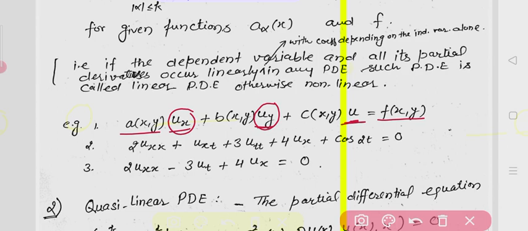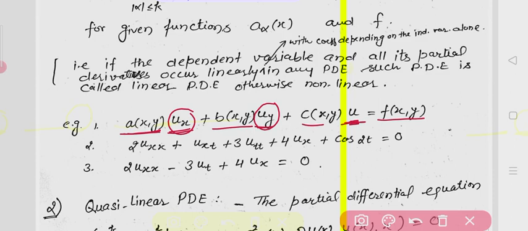And their coefficients are either constants or functions of the independent variables. The coefficient of u_x you can see here is a(x,y), and the coefficient of u_y is a function of x,y, where x and y are both independent. The coefficient of u is c(x,y), which is some function of x,y.